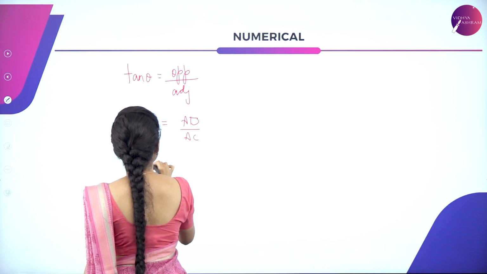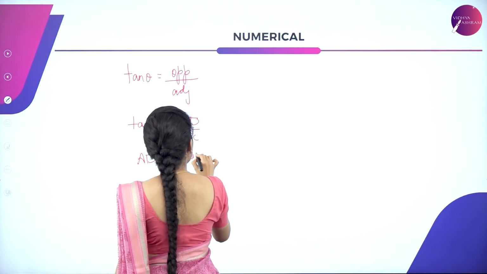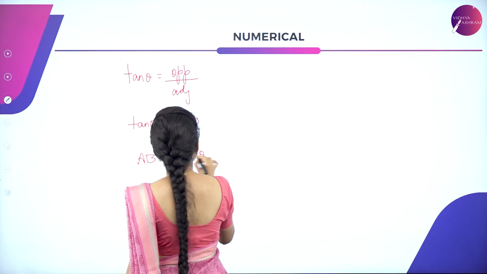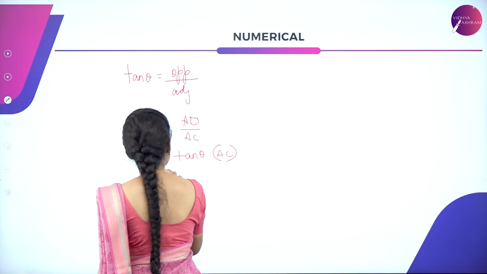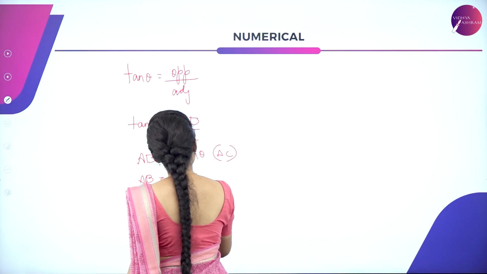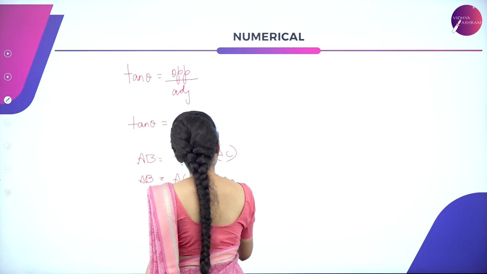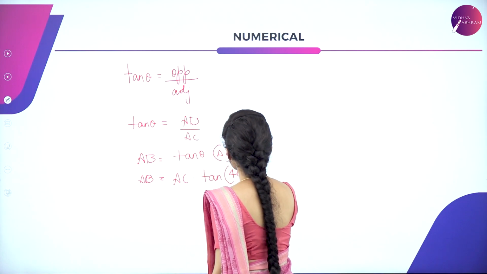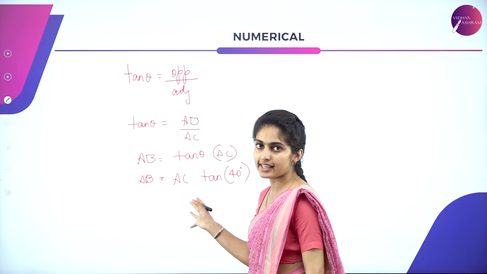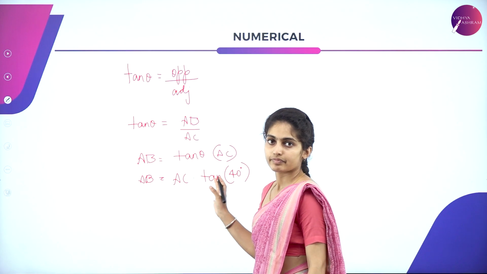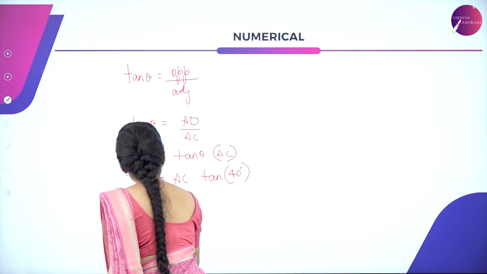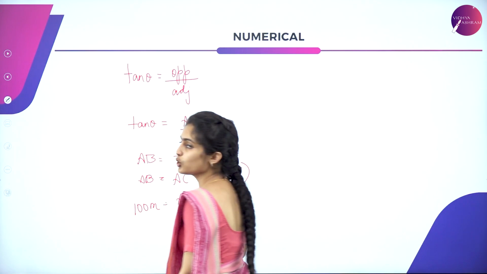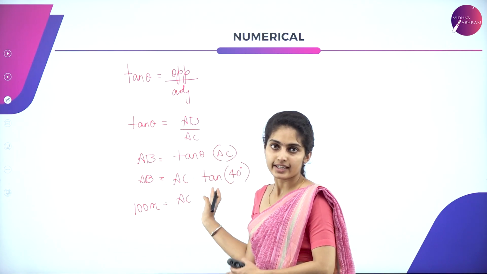So AB is equal to tan theta into AC. So AB is equal to AC into tan of 40 degrees, because 40 degrees is the angle which it made. Now AB is nothing but 100 meters.